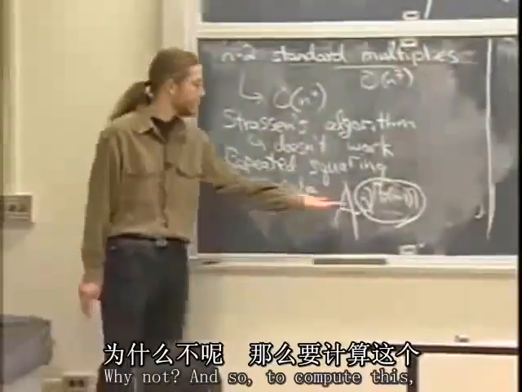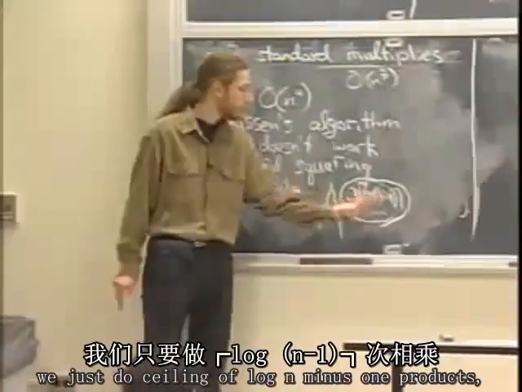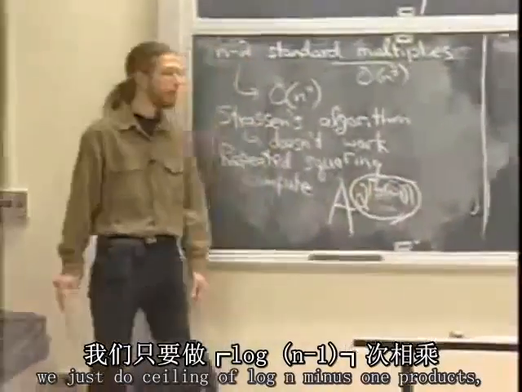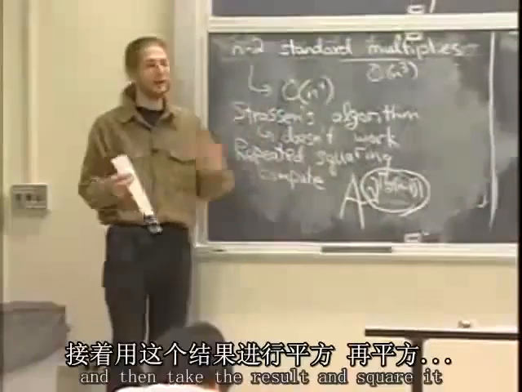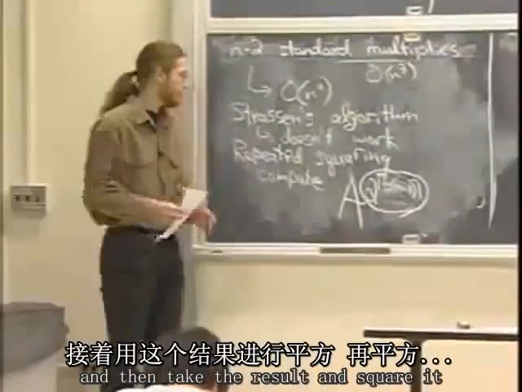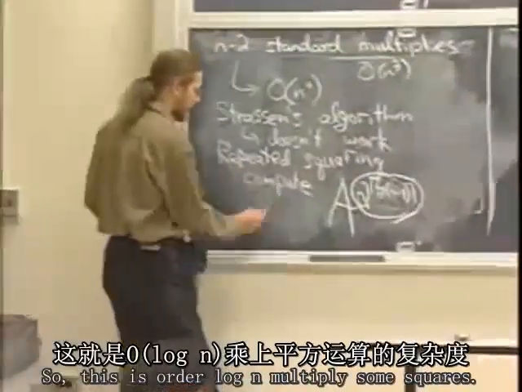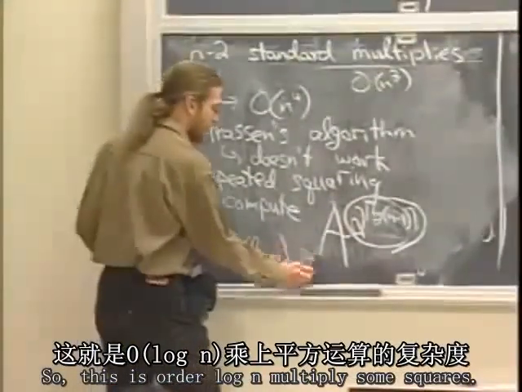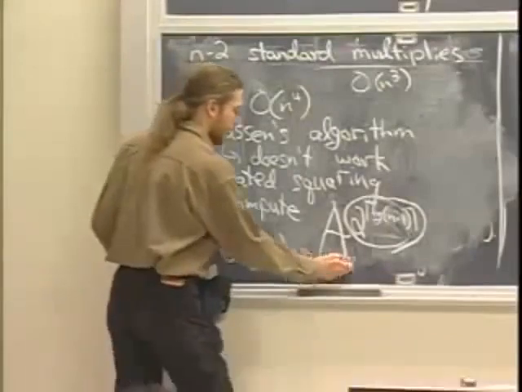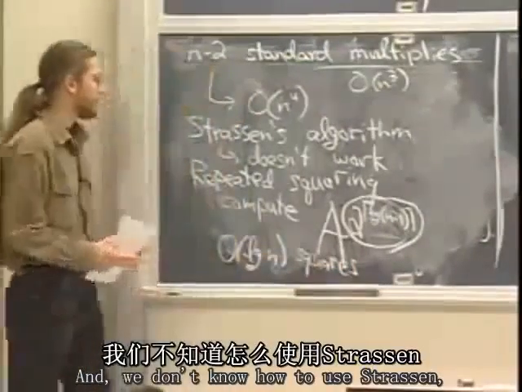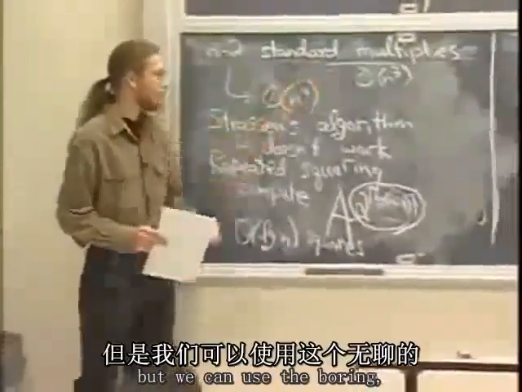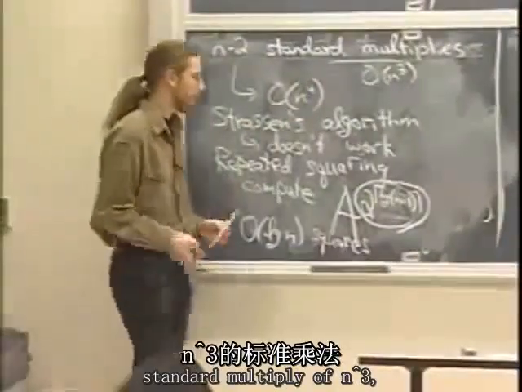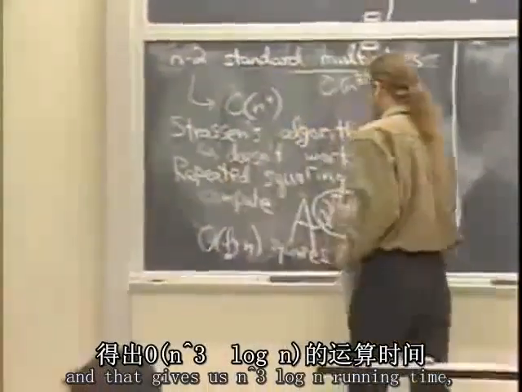And so to compute this, we just do ceiling of log n minus 1 products. Just take A, square it, then take the result and square it, and take the result and square it. So this is order log n multiplies or squares. We don't know how to use Strassen, but we can use the boring standard multiply of n cubed, and that gives us n cubed log n running time.